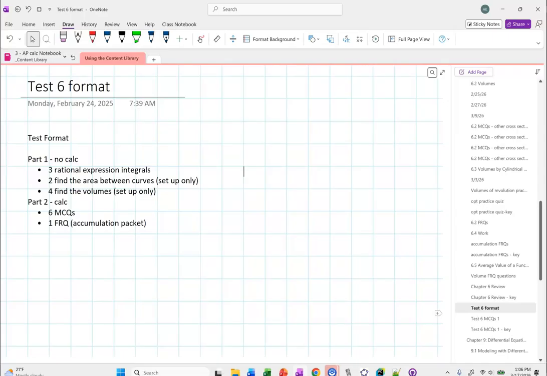And that average value calculation was pretty easy. There's just a formula: 1 over b minus a times the integral from a to b of f of x dx. Or again, the mean value theorem for integrals. Those feel very much like multiple choice style questions to me. Or like a part in an FRQ possibly.